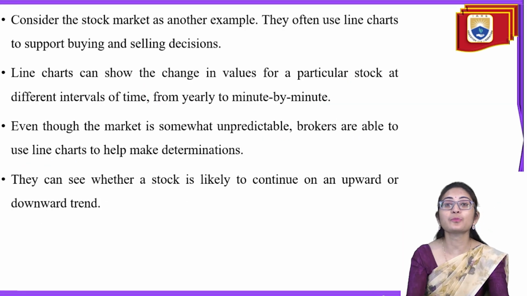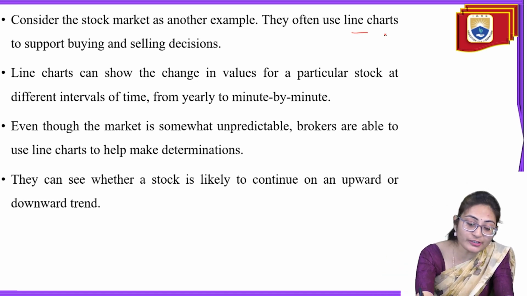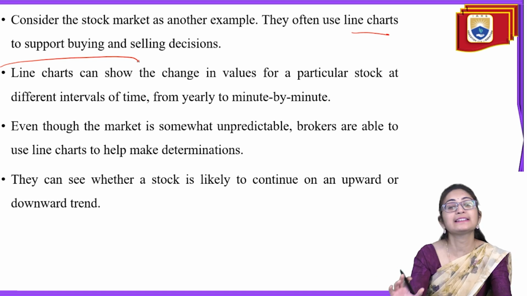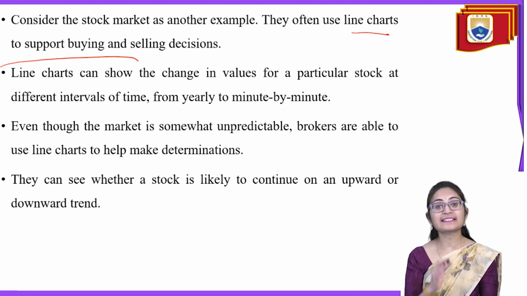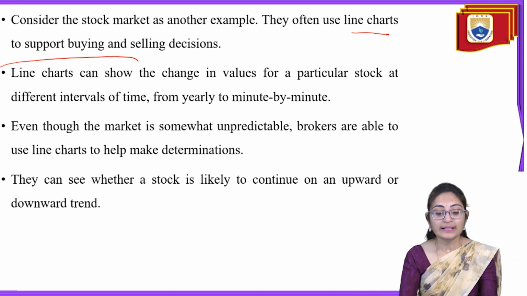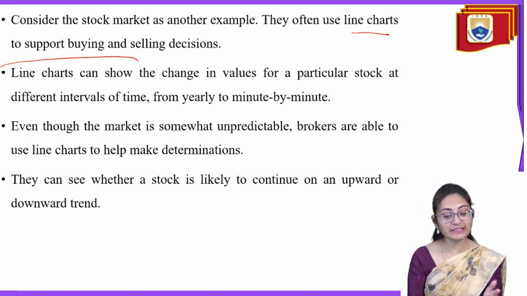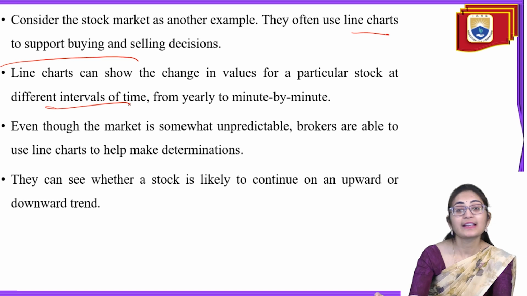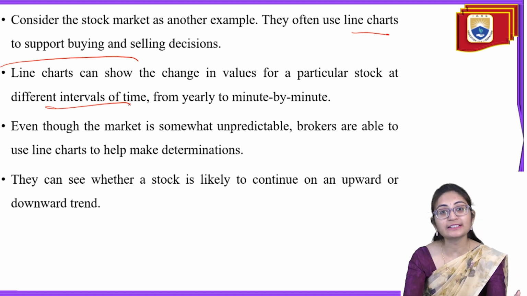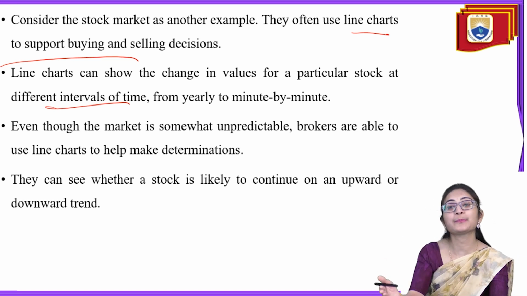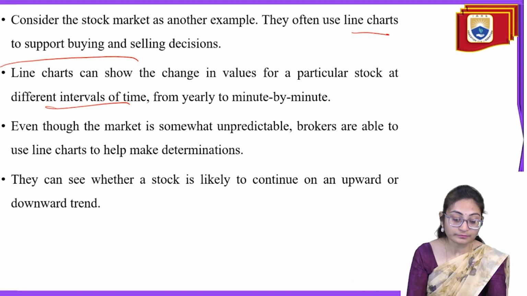So consider the stock market as another example. They often use line charts for supporting buying and selling decisions. Generally, line charts can show changes in the values for a particular stock at different intervals of time, from yearly to minute by minute.